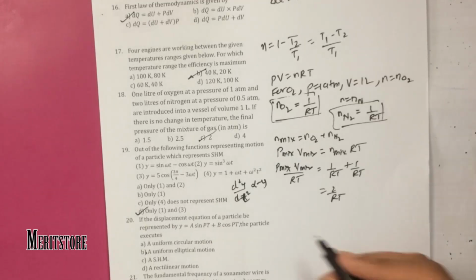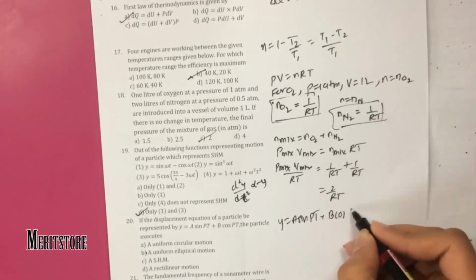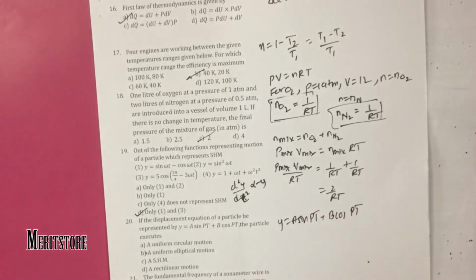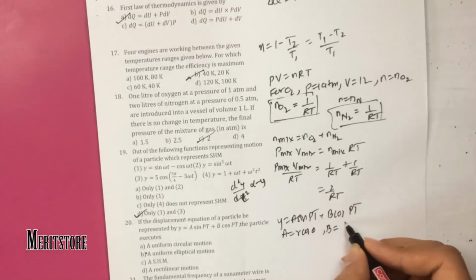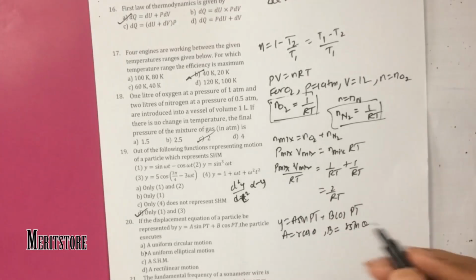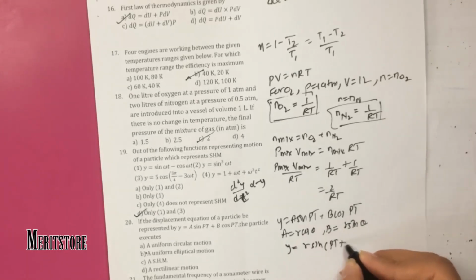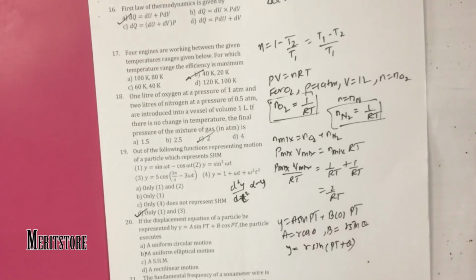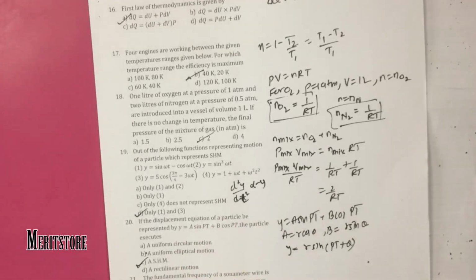Now I have y equals a sin pt plus b cos pt, where let a be r cos theta and b be r sin theta. On substituting this, I would get y equals r sin (pt plus theta), which basically represents the equation of SHM. So question 20, the answer would be SHM.